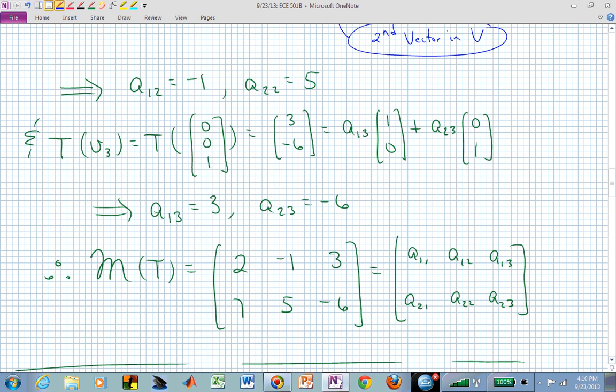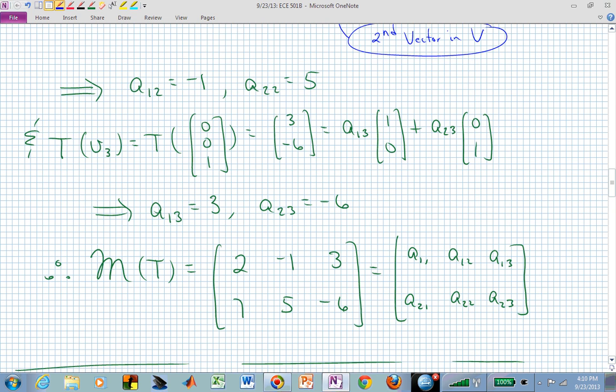And that then leads to this matrix representation of the linear map T as a matrix. It's now a 2 by 3 matrix. It has 3 columns, which better be compatible with the number of coordinates in your input vector.